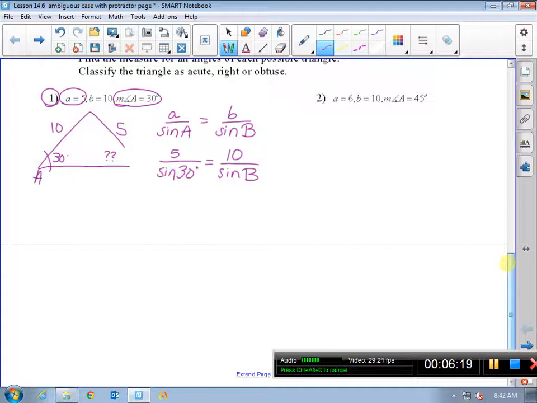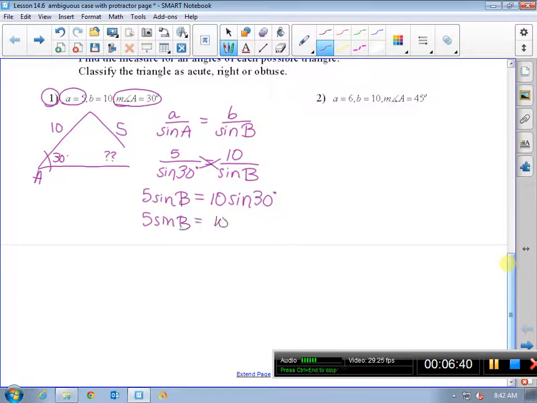It could be obtuse, it could be acute, it could be both, it could be a right triangle, or it's possible it won't even exist. Let's do the math and see what we get. 5 times the sine of B equals 10 times the sine of 30.